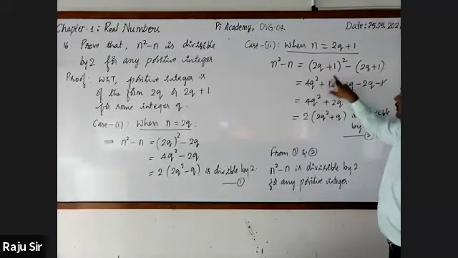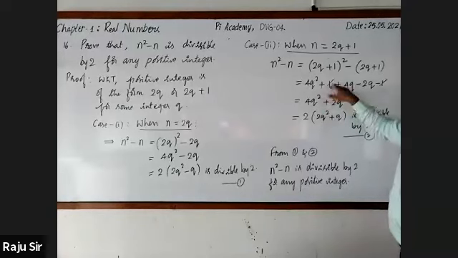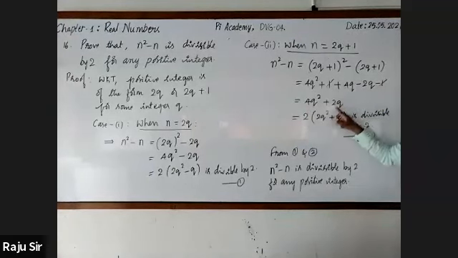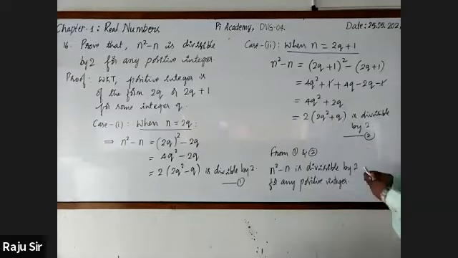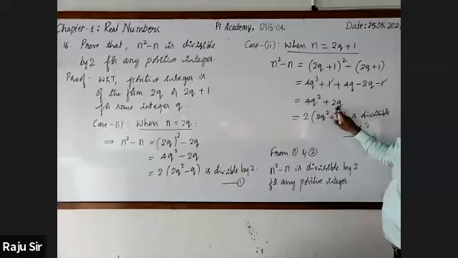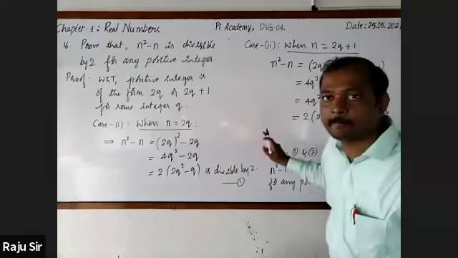B square, 1 whole square is 1. 2ab, 2 into 2q into 1, is 4q. Now multiply by minus, so it will be minus 2q and minus 1. Minus 1 plus 1 get cancelled. You get 4q square plus 4q minus 2q, which is 2q.